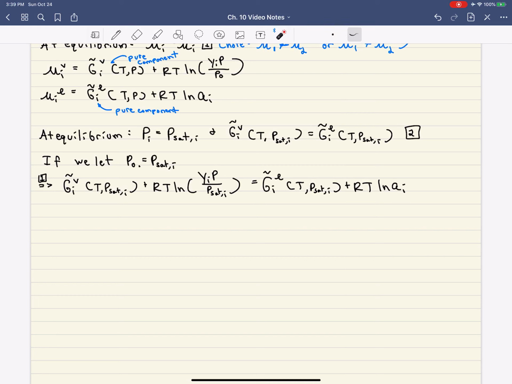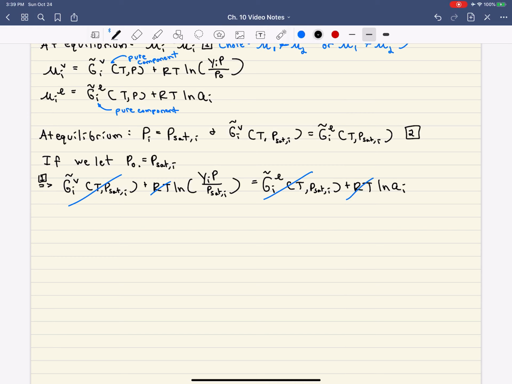Okay? At equilibrium, these things are equal to one another. And so this and this are equal to one another. So if they're equal and they're on both sides of the equation, we could cancel them out. The RTs are on both sides of the equation. We could also cancel those out as well.